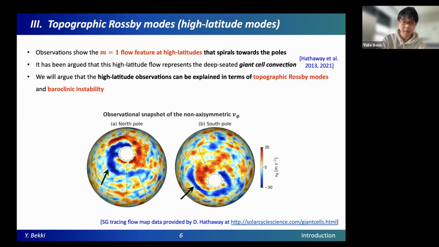But in this talk, we will argue that they should be identified as the topographic Rossby modes, or high latitude modes, that are baroclinically unstable. I'm going to get back to this point at a later slide.